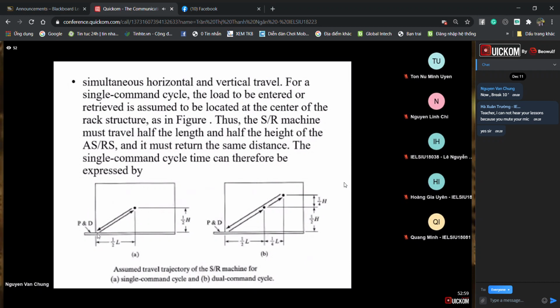Now you see this figure, the single command cycle, with simultaneous horizontal and vertical travel.